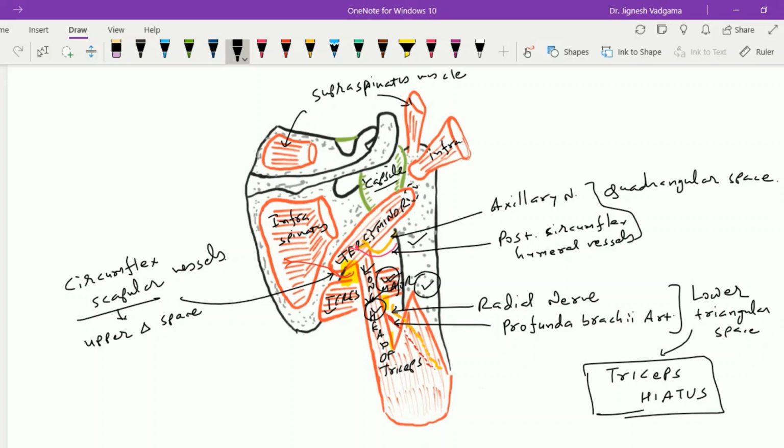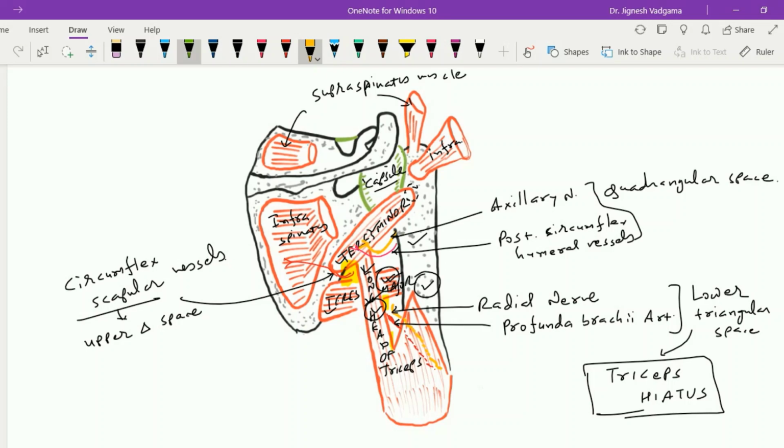Now let's see the nerve supply of these different muscles. First of all, let's see this ligament, which bridges the suprascapular notch.